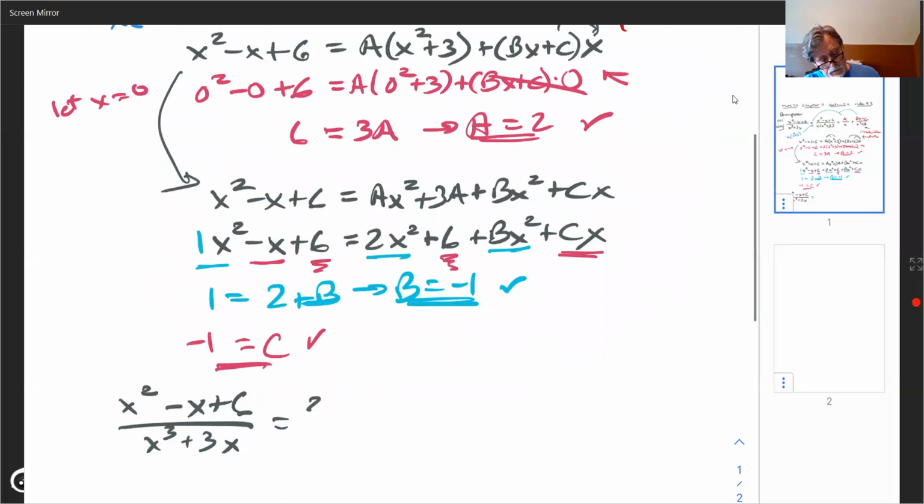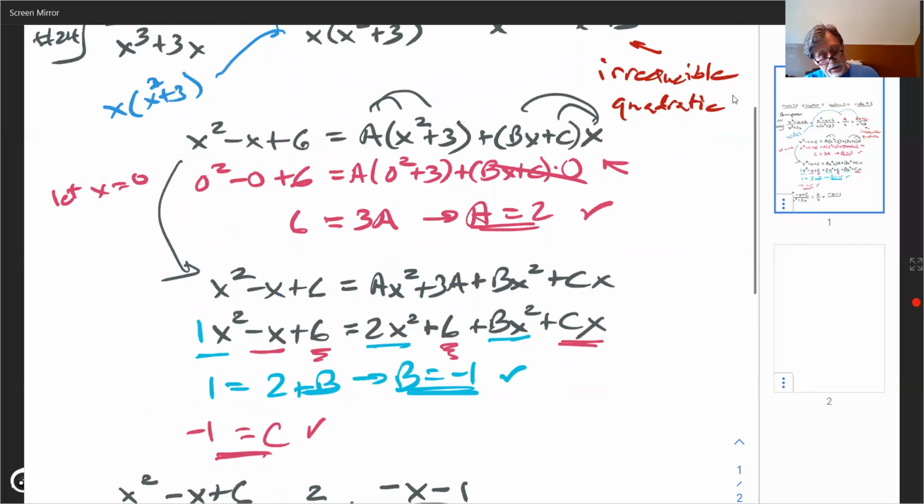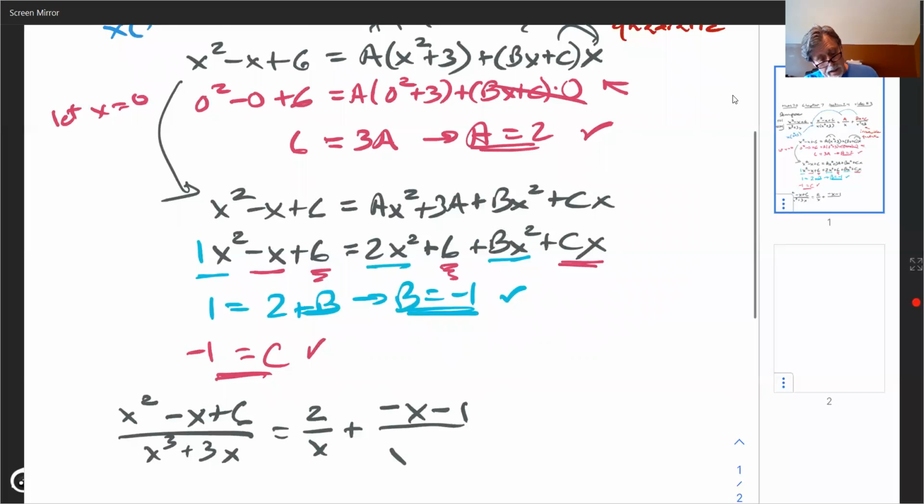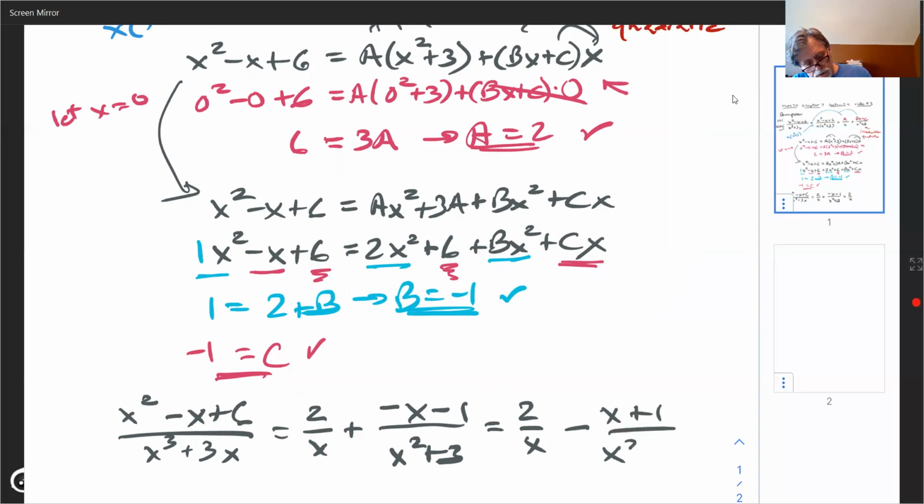So 2 over x plus, and then I remember b and c are negative, so -x, -1 all over, what was the denominator there? Yeah, it's x squared plus 3. Now you can pretty it up and say maybe, how about we write it as 2 over x minus x plus 1 over x squared plus 3.